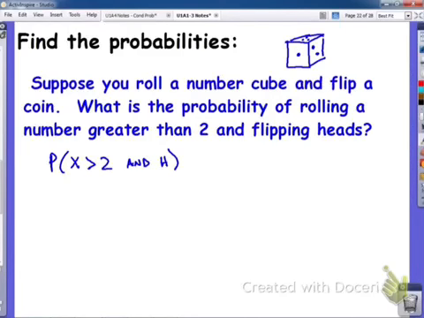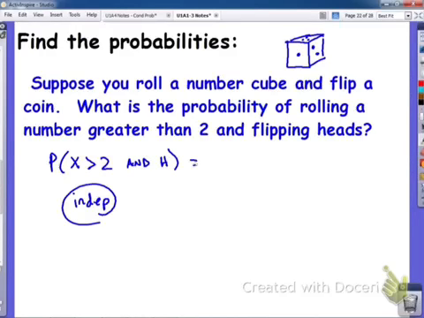It is independent because I can hold the die in this hand, the number cube in this hand, and the coin in the other hand. I can flip the coin and roll the die at the exact same time, and what we get on one does not affect what we get on the other, right? It doesn't make a difference. So this is independent.